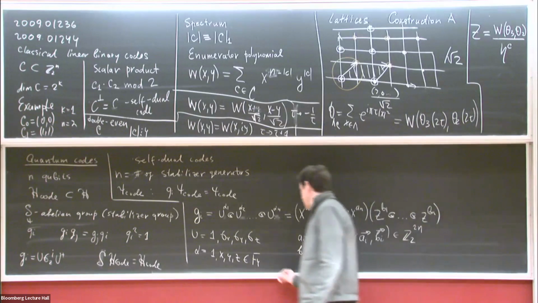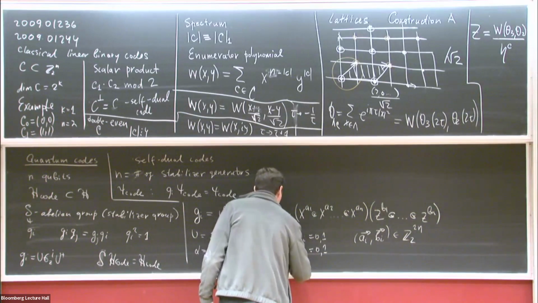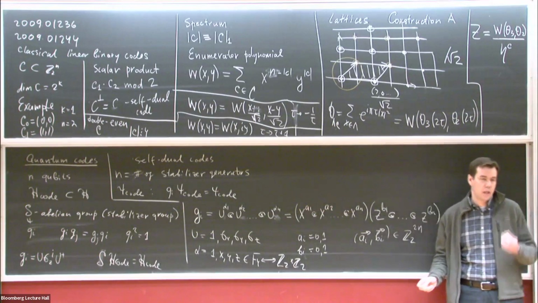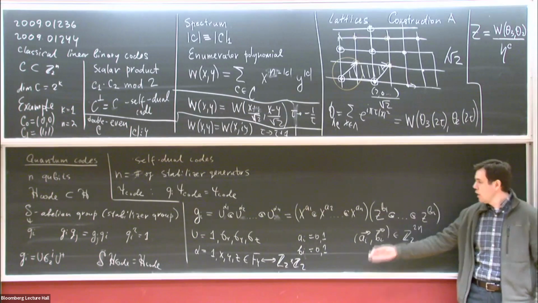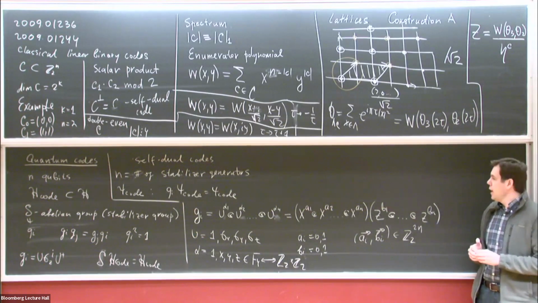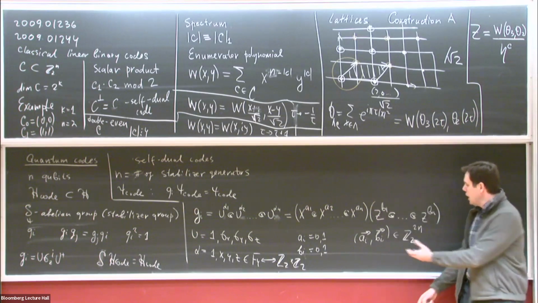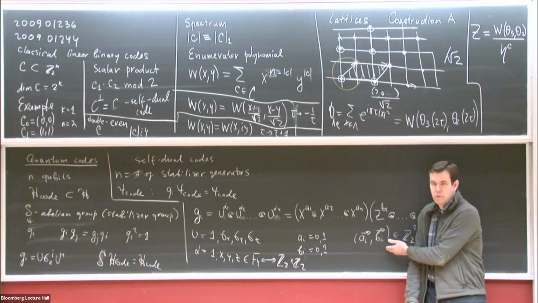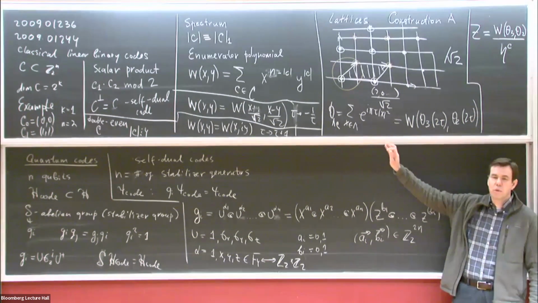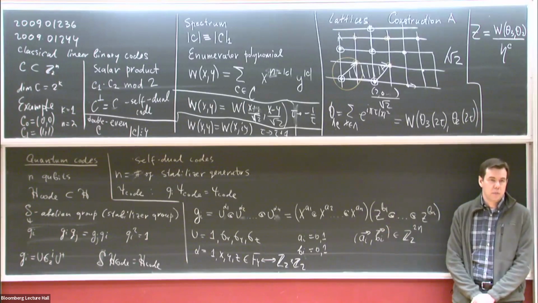There is an isomorphism with respect to certain algebraic properties between F4 and Z2 cross Z2, and that's what I used to write an element in F4 as 2 elements in Z2 cross Z2. But in a simpler way, I have written my generator of a stabilizer code as a binary string. And once it's a binary string, it's already kind of similar to the classical codes. And now we'll try to make this similarity explicit.